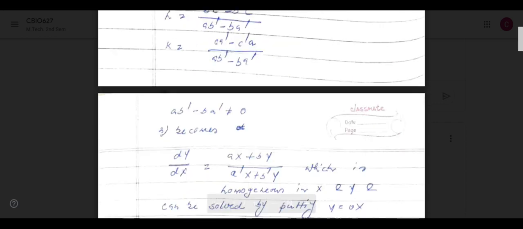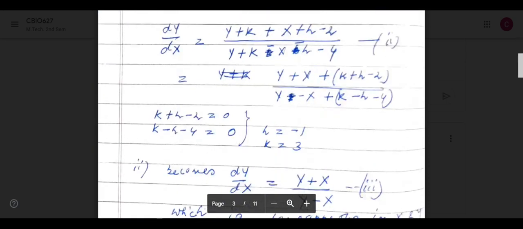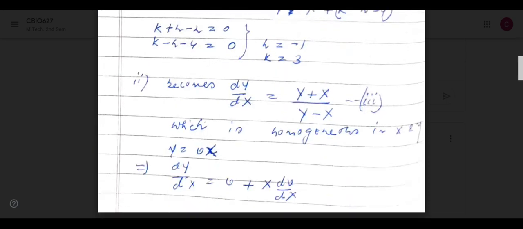Case 2 I am not discussing. Now case 1. We have one exercise that satisfies case 1, a by a dash not equal to b by b dash. So what do we have to do first? You have to consider x equal to capital X plus h, y equal to capital Y plus k.